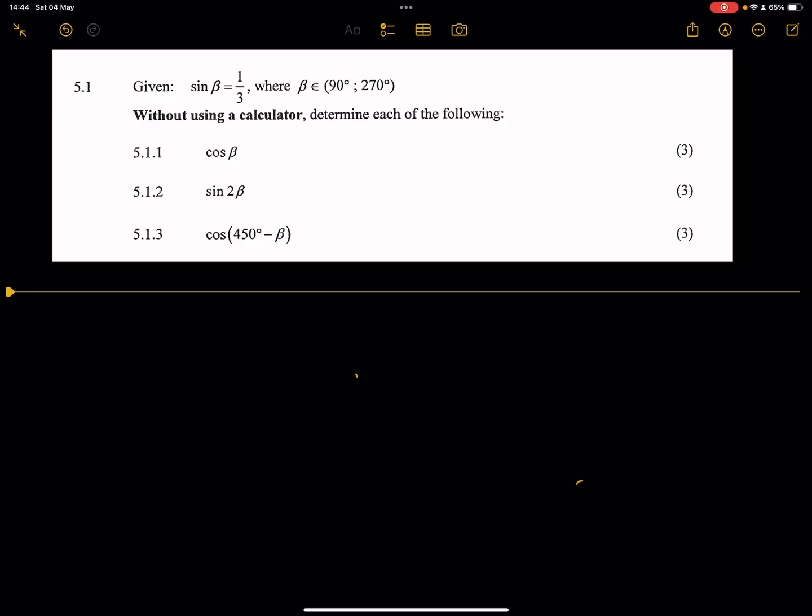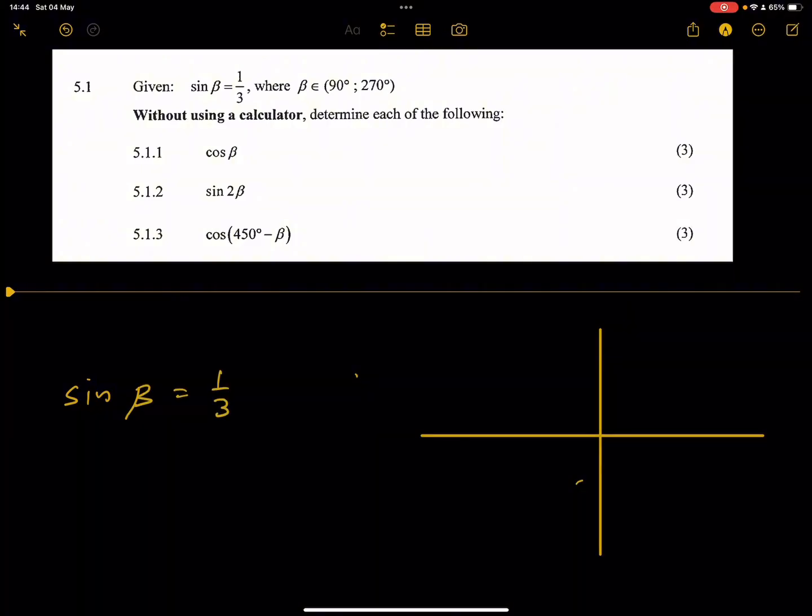So which means we're going to try and draw a Cartesian plane. First of all, we're given sine of beta equal to 1 over 3. Now remember, sine is y over r, or opposite over hypotenuse. Our sine is positive. Sine is positive in the first quadrant as well as in the second quadrant.